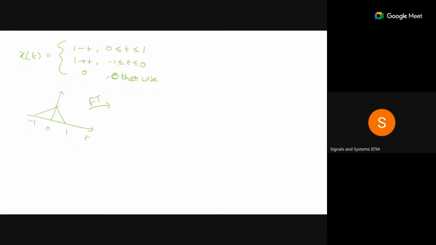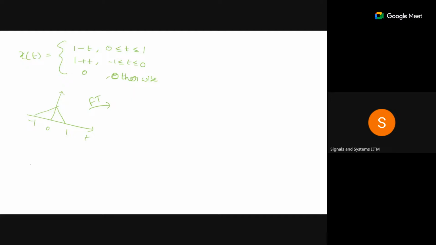The two rectangular pulses must be of equal duration. The time duration of the rectangular pulse in both cases needs to be the same, both should be identical, then only will we get the triangle.